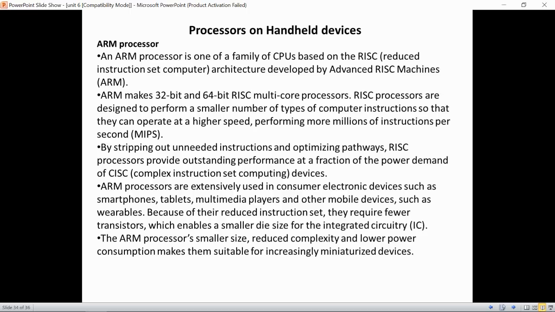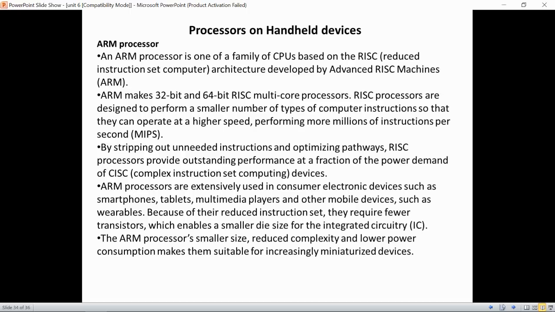So they left those out, and with the remaining ones they produced a new type of processor which is known as the RISC processor. They generally work on ARM architecture, Advanced RISC Machines. That is the full form of ARM. You might be able to see that all of the processors in your mobile phones are based on ARM architecture.